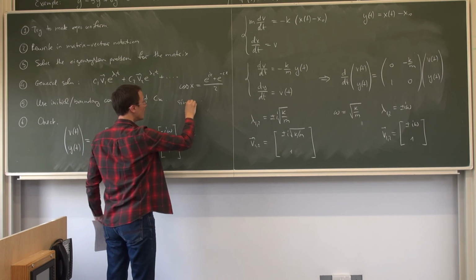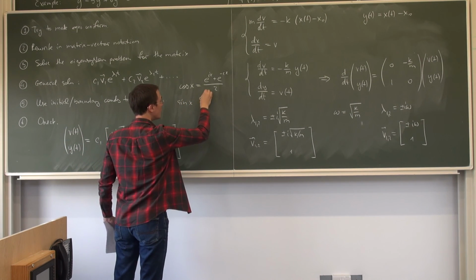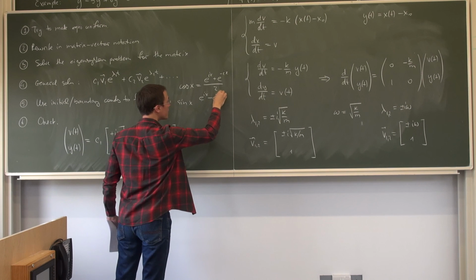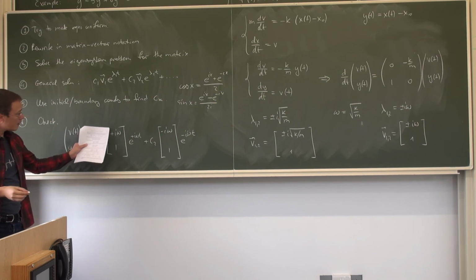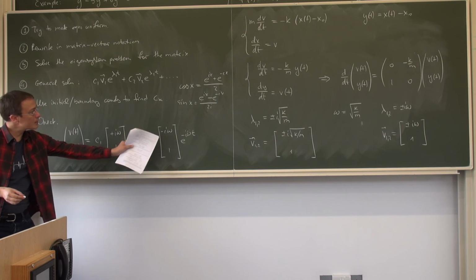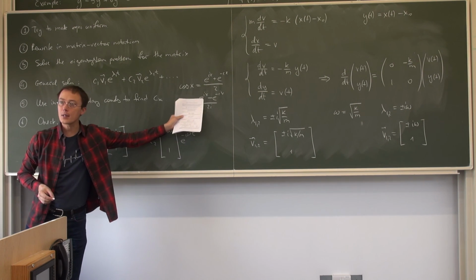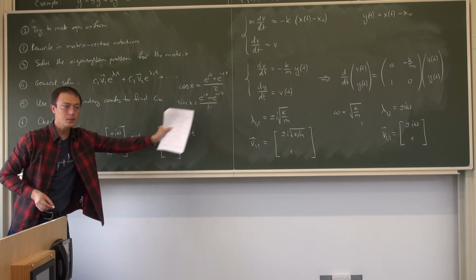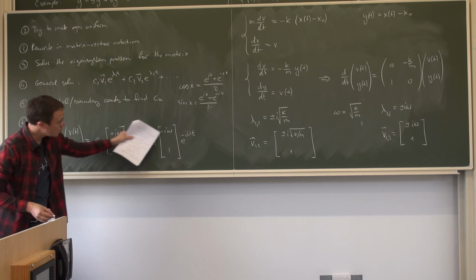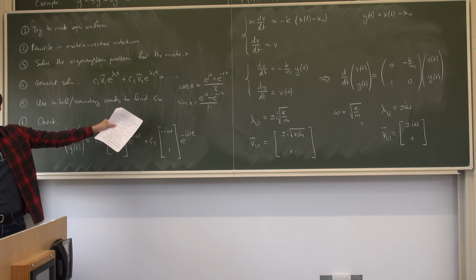Sine x is e to the i x minus e to the minus i x over 2i. So the numerator of the sine is that minus this, and then this i will be cancelled by this i in the denominator. In the numerator we will have a sine wave.